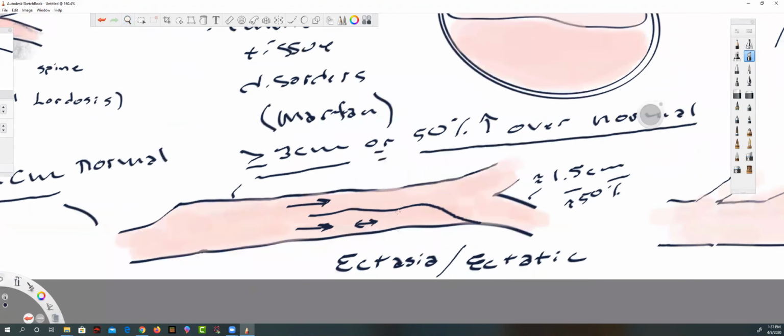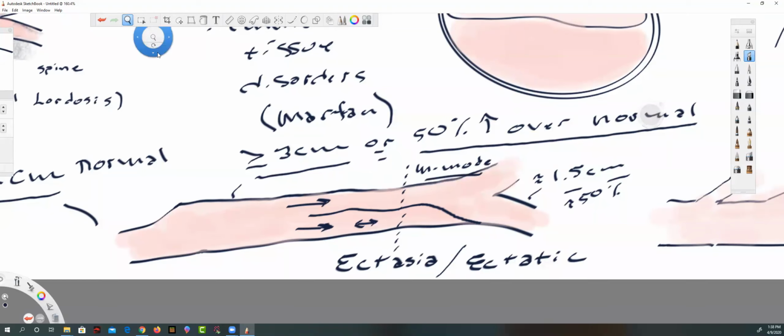So one thing that we could do, which is kind of fun, is an M mode on a dissection.